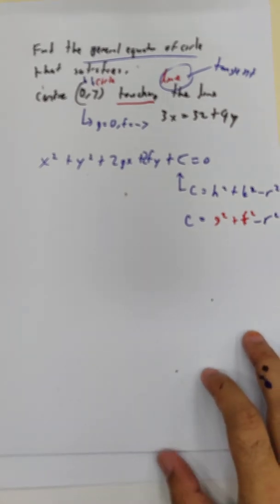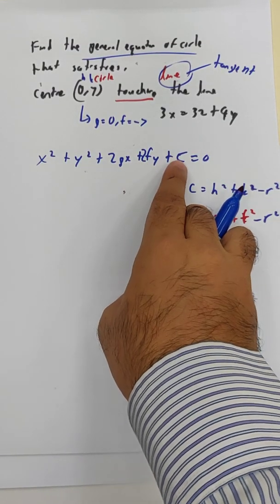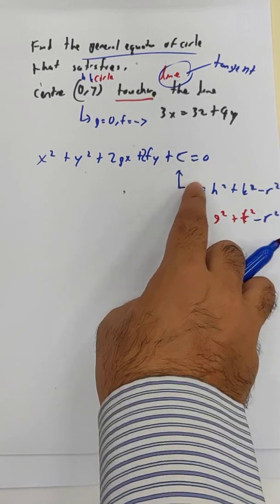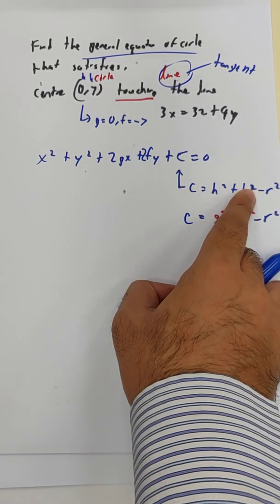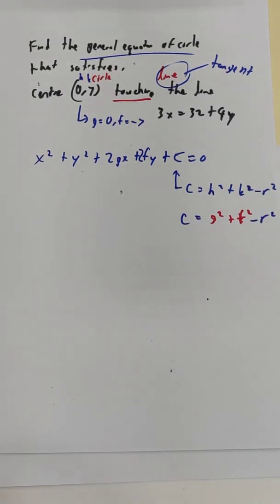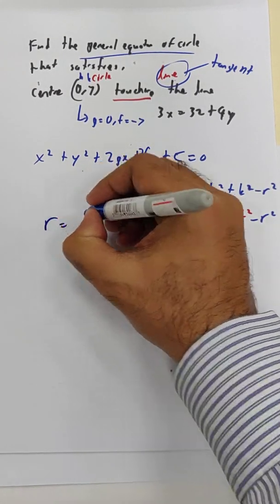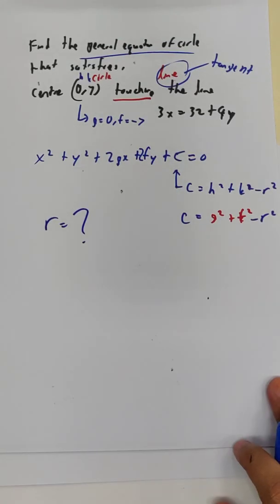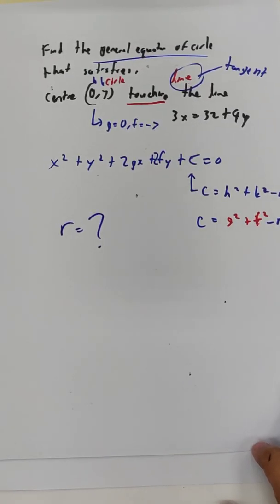So what information do we not have yet? We got g, we got f, we don't have c. How do you find c? We got h, we got k, but we don't have r. Very good. So how do you find r? Any good idea?